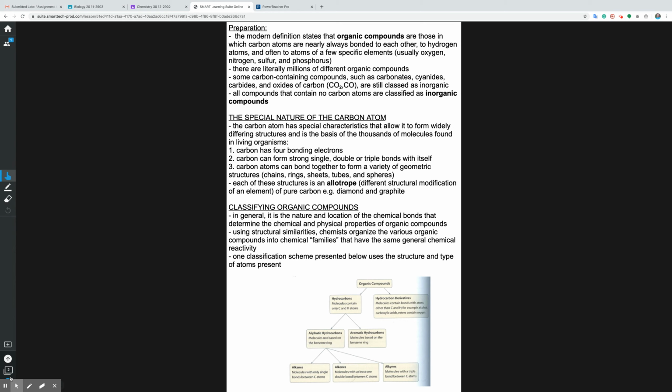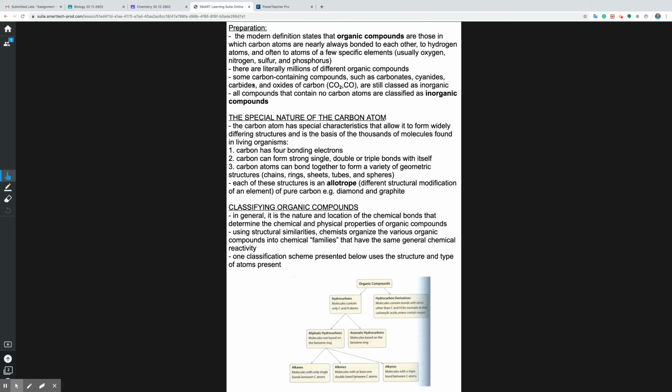Okay, so some carbon-containing compounds such as carbonates, cyanides, carbides, and other oxides of carbon are still classified as inorganic. Again, you have to know the difference between organic and inorganic. The biggest and easiest way I find to remember is that carbonates, cyanides, and carbides are all ionic, part of ionic compounds.